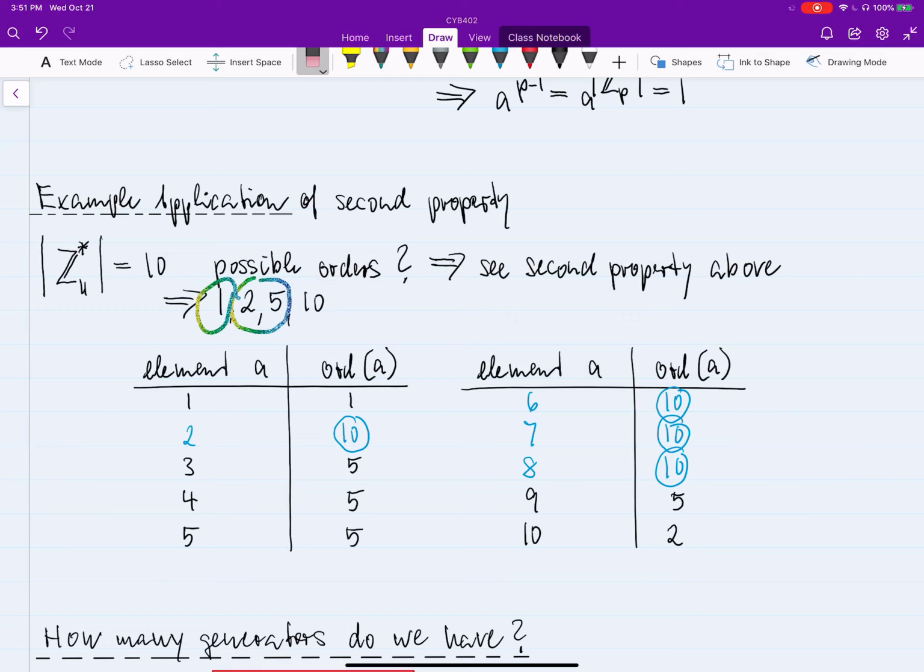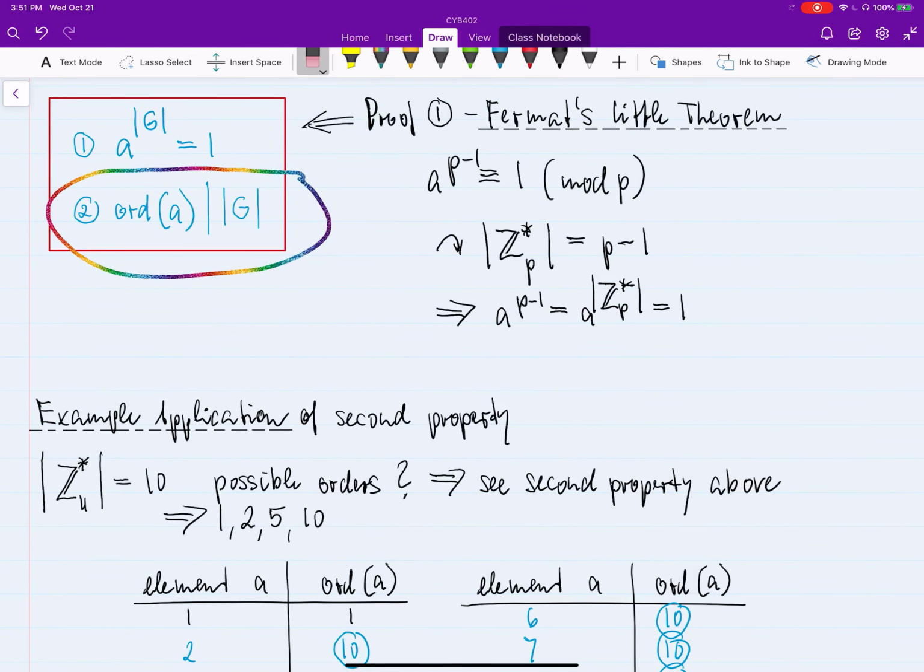So this makes the case, and all of these numbers, when you look at it, whoops, they divide 10. All of these different orders divide 10. And this is what the property tells us: the order of any element divides the order of G.